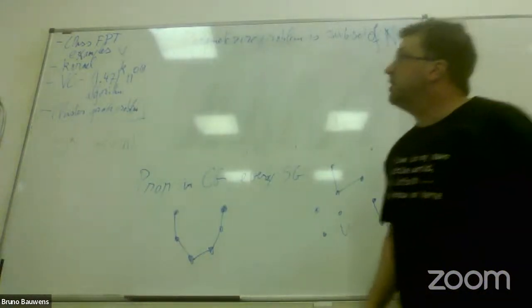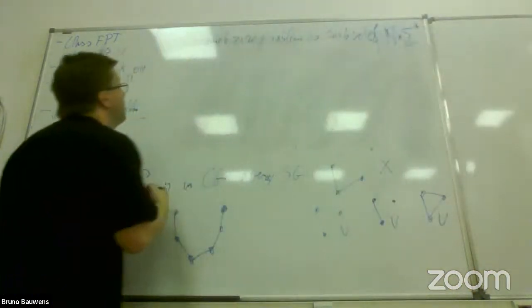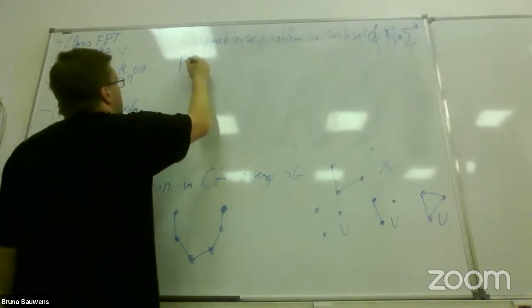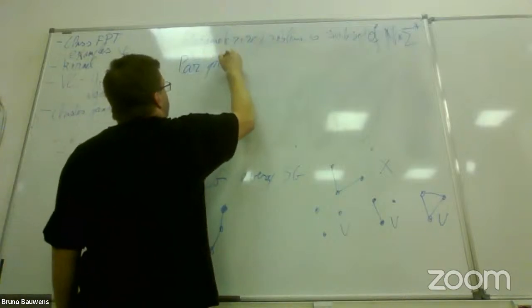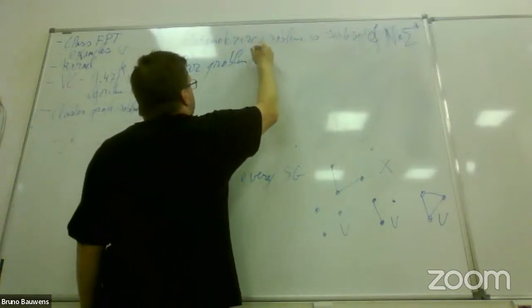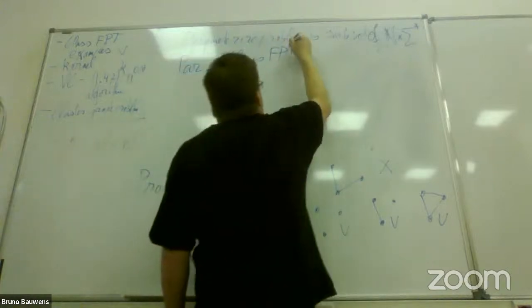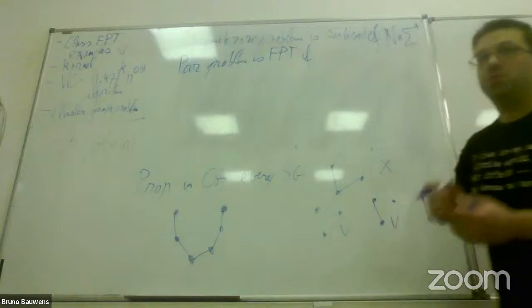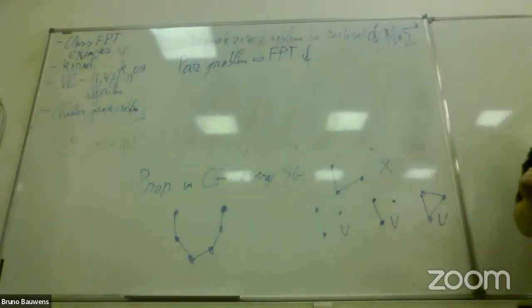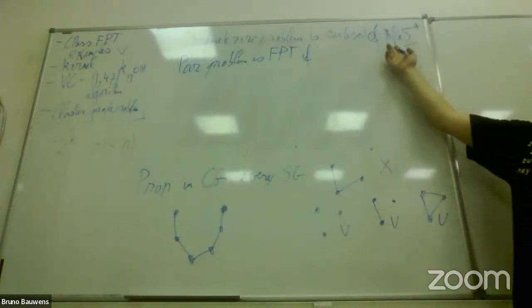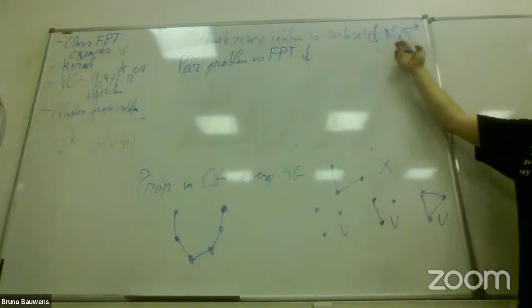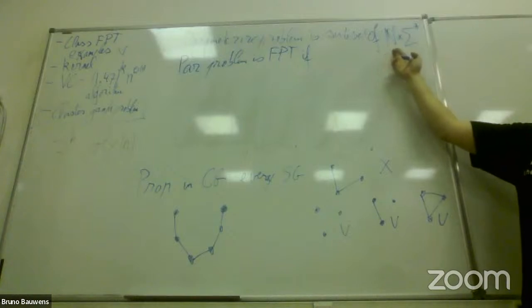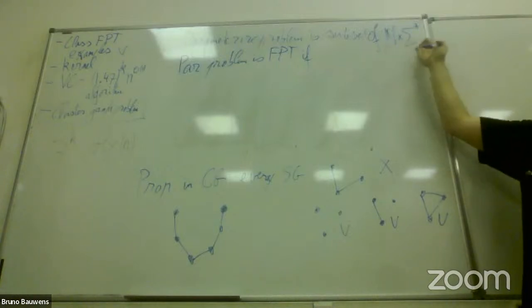And then we say that the parameterized problem is fixed parameter tractable, FPT. It's a class of problems. A parameterized problem is FPT if there exists an algorithm whose runtime is any computable function of the parameter times a polynomial in the length of the instance, where the length of the instance is parameter plus size of word.